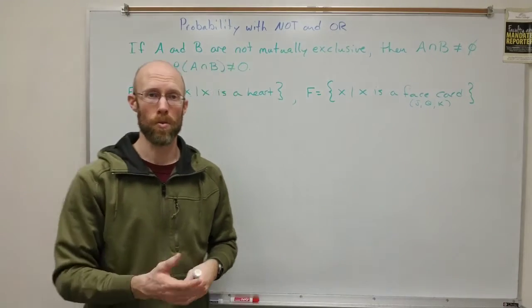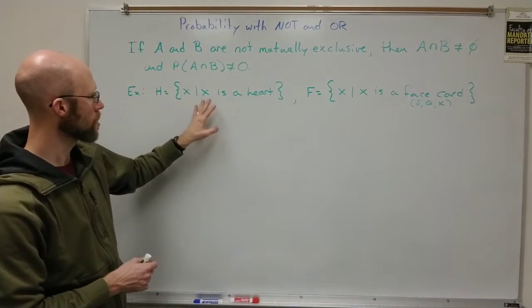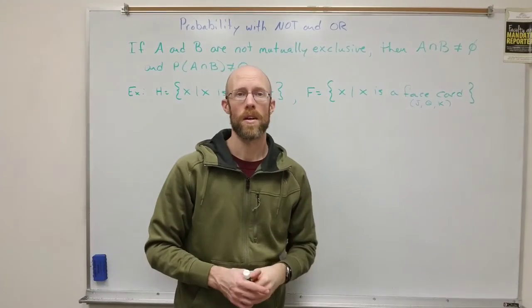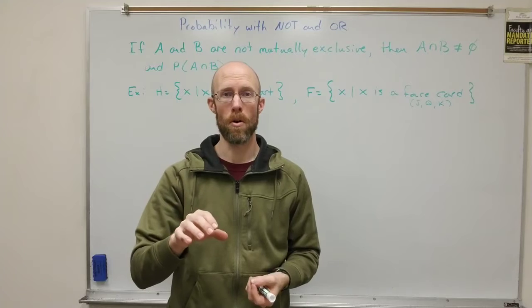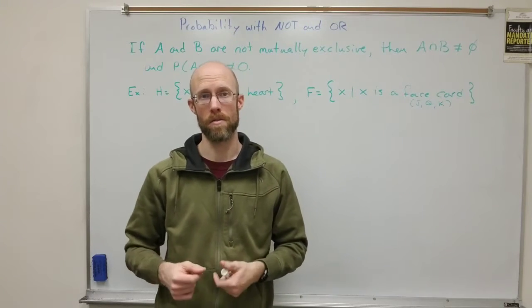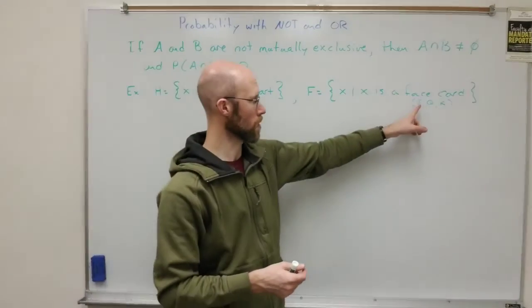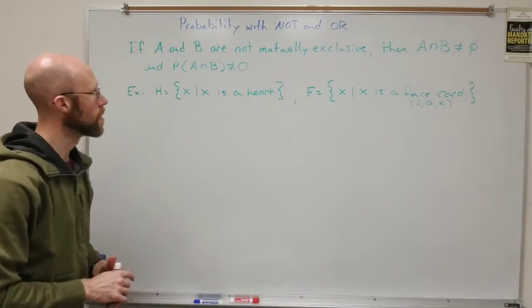Give an example with the deck of cards. If H is a set of all hearts and F is a set of all face cards, then if I pull one card up, it's possible to be both a face card and a heart at the same time, like a King of Hearts. Okay, so that's possible. Now face cards, I'm including just Jack, Queen, King there, not the aces. All right.